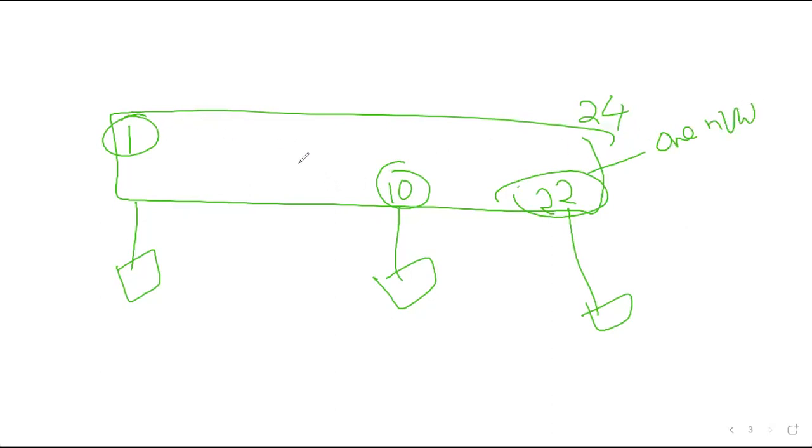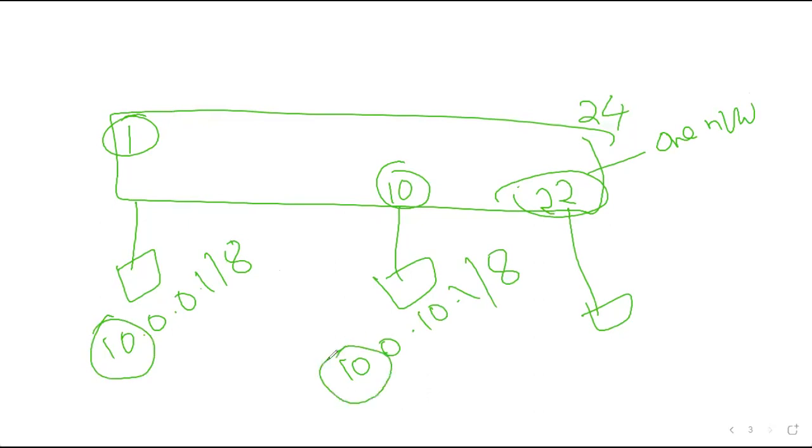Even though all the ports are in one network by default, suppose you assign an IP address 10.0.0.1/8 to one system and 10.0.10.1/8 to another. Because this is class A, only the first octet needs to match. As long as the first octet matches, they will communicate.